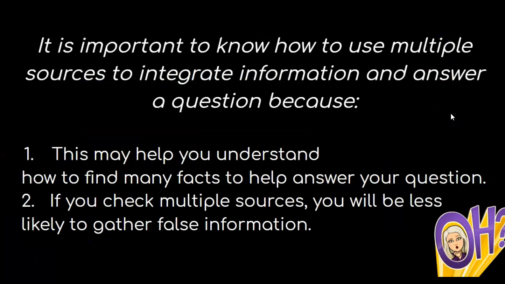So it's important to know how to use multiple sources to integrate. This may help you find lots of facts, but put it together, combine multiple facts, multiple sources, so that we're not relying on just one source that might not be completely accurate.